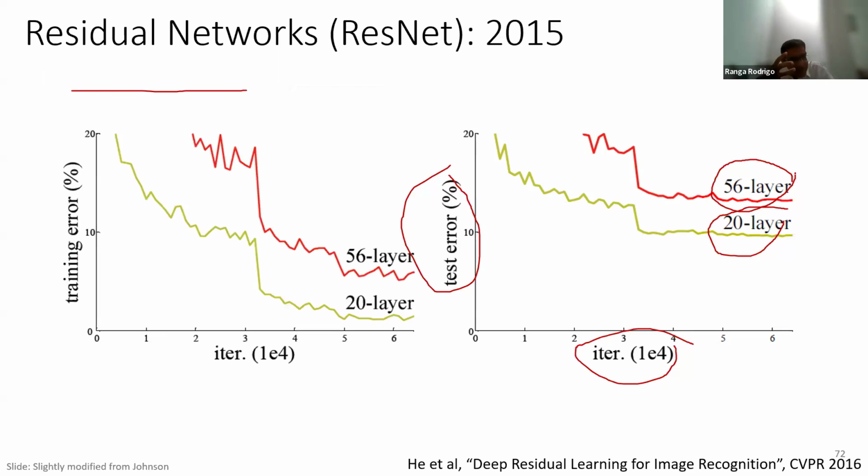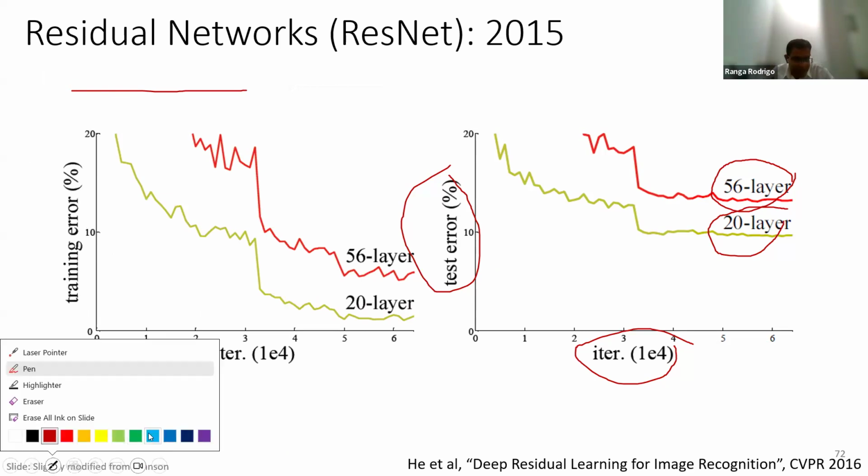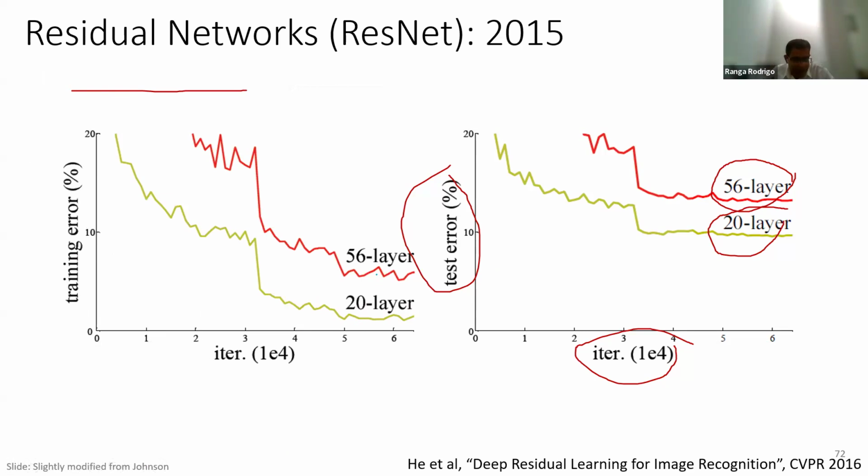But when they observed the training error, the larger network must do better because there are so many parameters to memorize the images. But in training error as well, the larger network was doing worse.